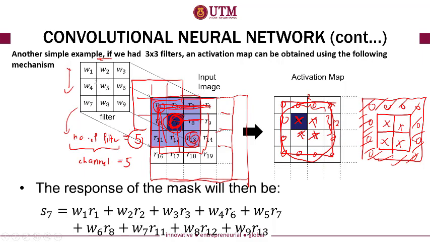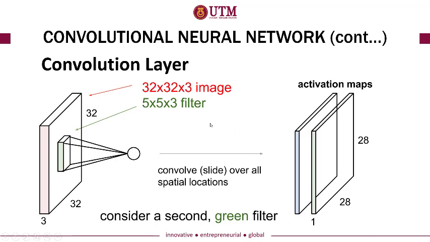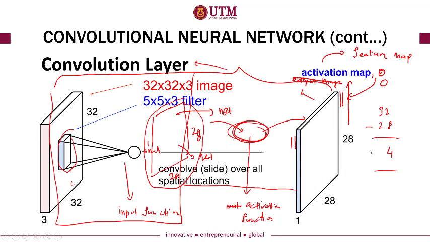Then if you talk about 5 times 5, you will ignore 2 lines which are close to the border. So this side you have 2, this side you have 2, so the total is 4. So 32 minus 4 is 28. So that's how you get the result there.